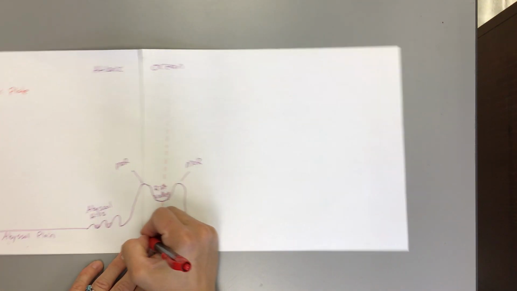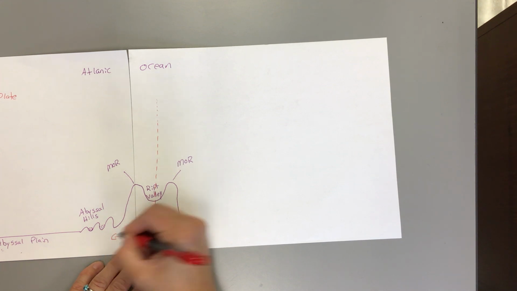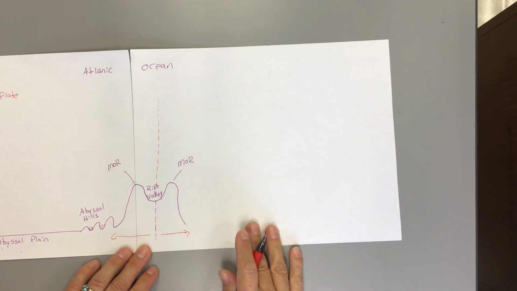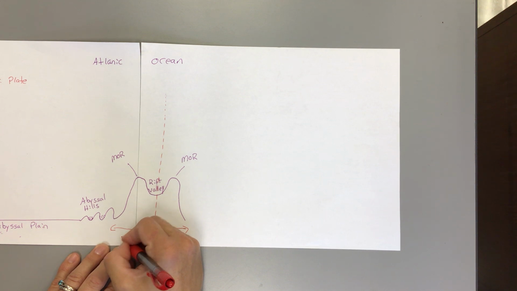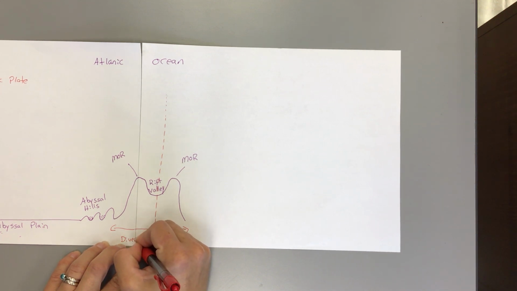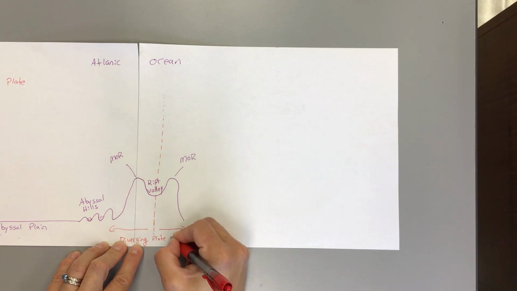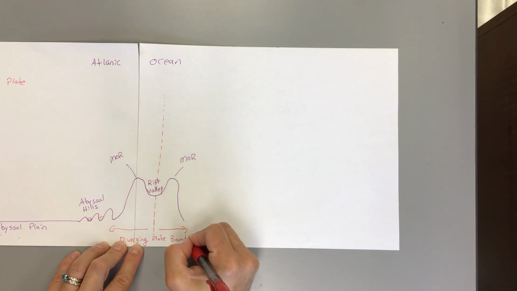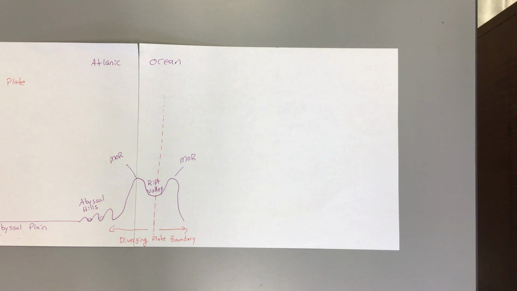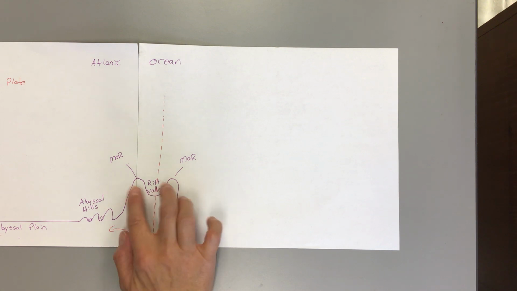So my oceanic plate is moving this direction, and this oceanic plate's moving that direction, so it's a diverging plate boundary. You need to know that at diverging plate boundaries, we get mid-ocean ridges and rift valleys.